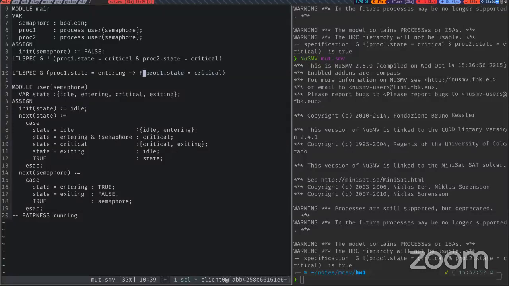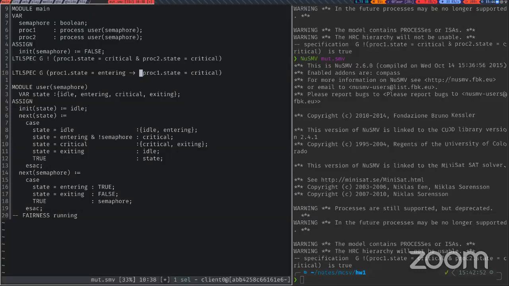F means eventually. So it will eventually succeed in entering the critical state. This is called a starvation freedom property, so that no process is starved for work indefinitely. Eventually, it must proceed into the critical section if it tries to do so.